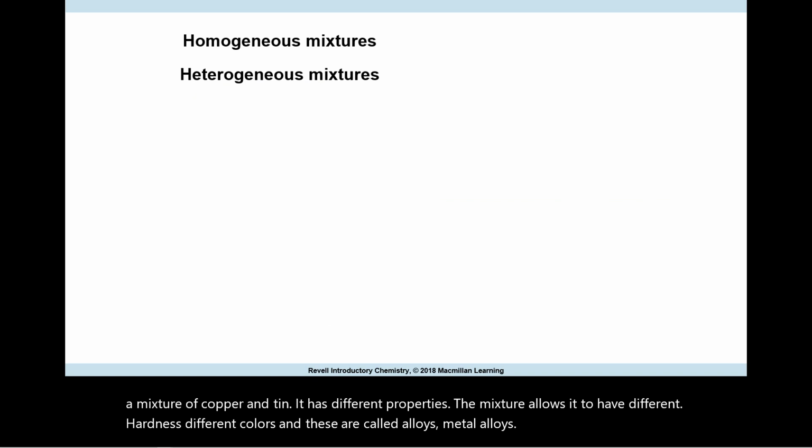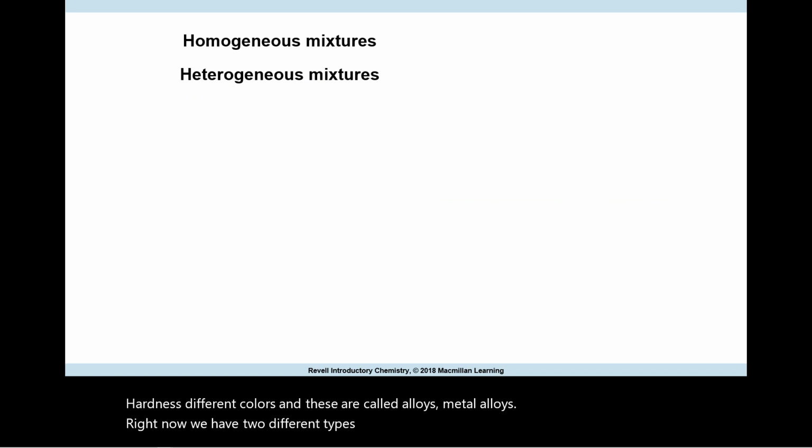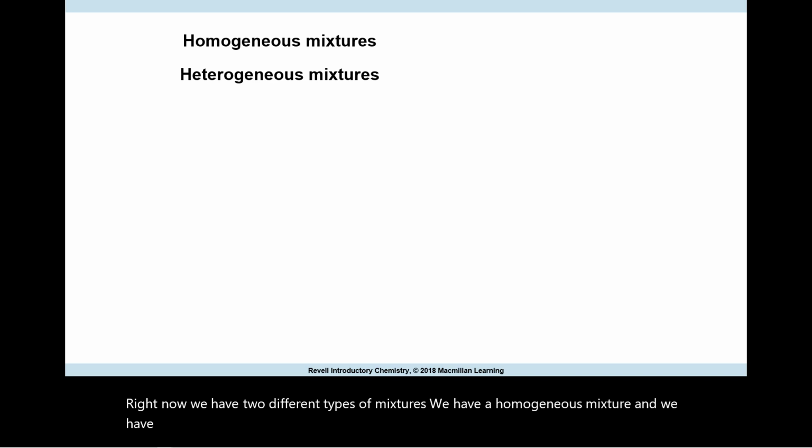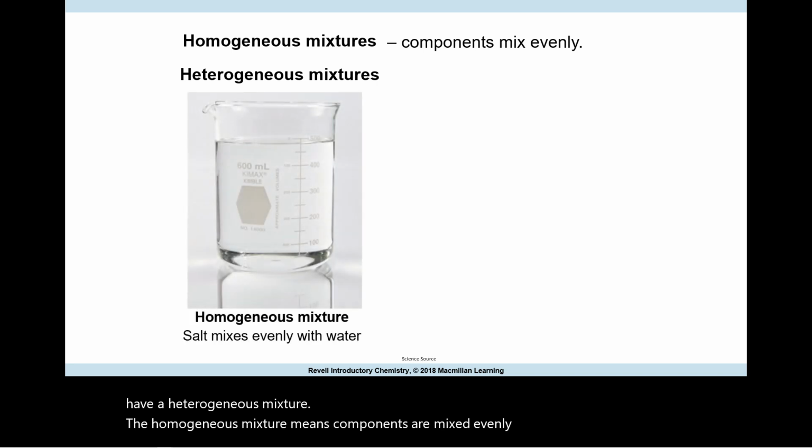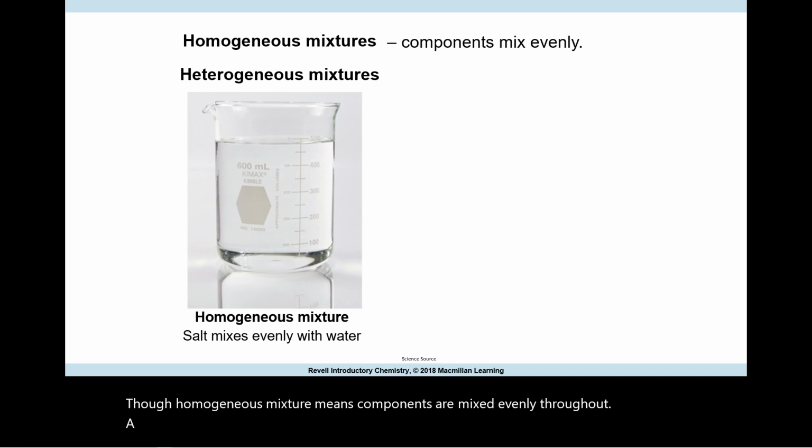Right. Now we have two different types of mixtures. We have a homogeneous mixture and we have a heterogeneous mixture. Homogeneous mixture means components are mixed evenly throughout. A heterogeneous mixture means they're not mixed evenly throughout.